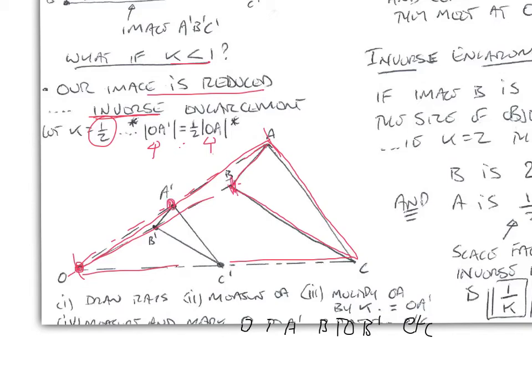We measure OB, multiply that by a half, and mark the distance here at B prime. And we measure OC, multiply that by a half, and mark that point at C prime. And this is the image A prime B prime C prime of the object ABC, where the scale factor is equal to a half.